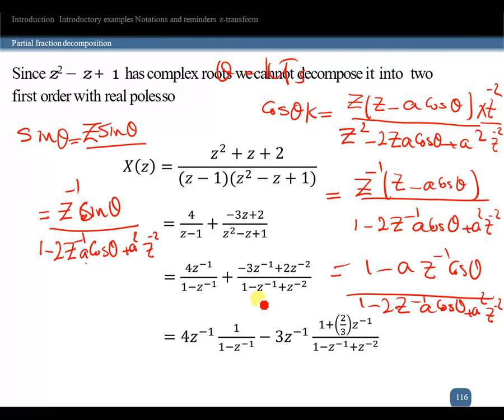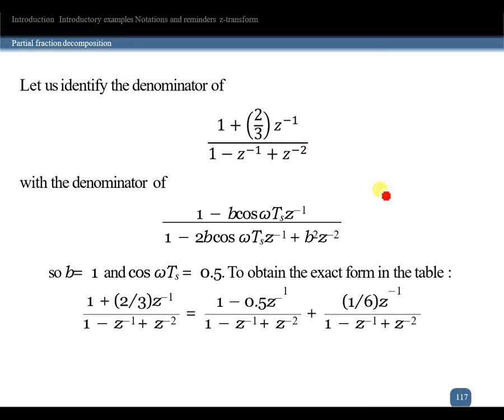Now for solving this problem, I factorize 4z⁻¹ from the first and −3z⁻¹ from the second terms. I have now two terms. This one I can easily inverse z transform, but this one I should be a little careful.